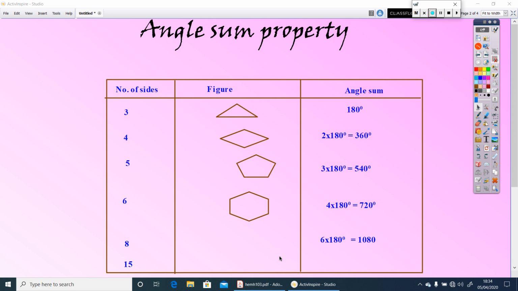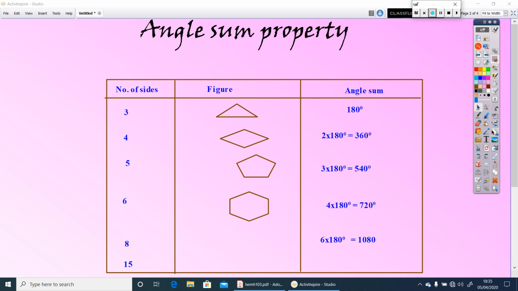Of course it is 15 minus 2, that is 13 into 180 degree. In this way, if the number of sides is known, you can find out the sum of the angles of any polygon. Just subtract 2 from the number of sides and multiply by 180 degree.